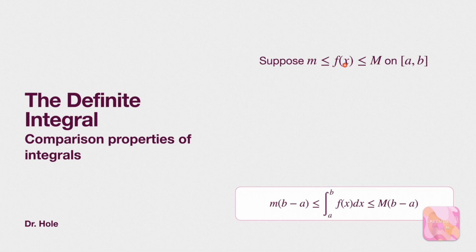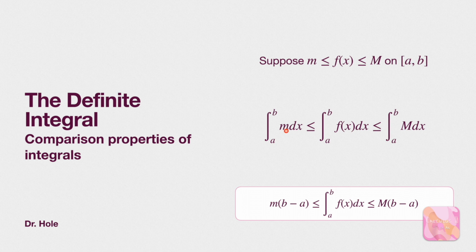So using the second property that we had, this f is always bigger than little m, and this f is always smaller than capital M. Treat the little m and the capital M as functions. Then the areas that they define will bound the area produced by the f.